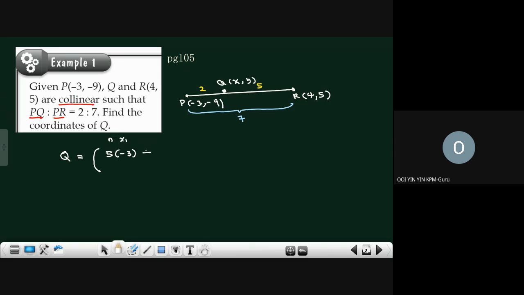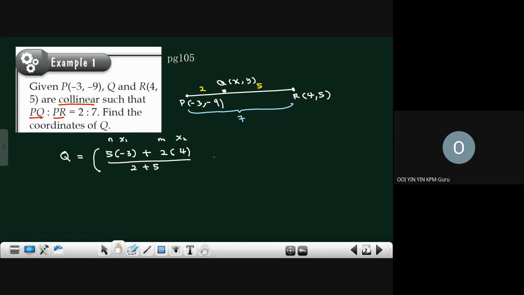Plus the next thing will be your m, ratio 2, and then the figure here is your x2, which is 4. Over all this we divide by m plus n, which is 2 plus 5. Don't exchange the place of 2 and 5; follow your diagram, don't do 5 plus 2 if possible.